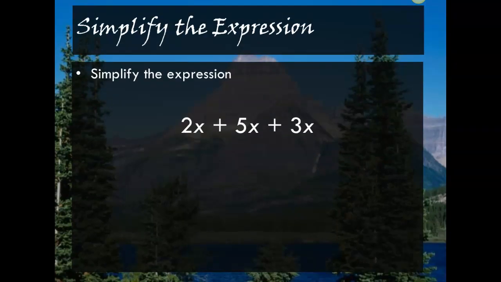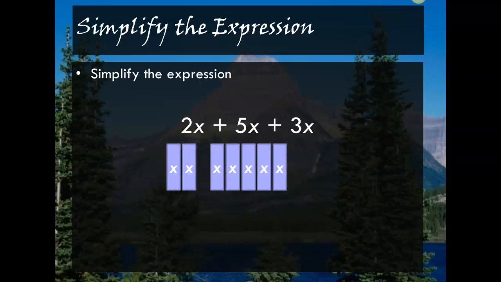To simplify expressions, we combine like terms. In our expression 2x plus 5x plus 3x, we have three terms, and they are all like terms because they all contain the same variable of x. If we look at this pictorially, this means we have 2 times x, plus 5 times x, and 3 times x.